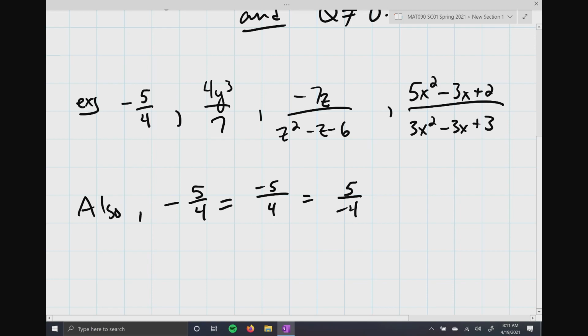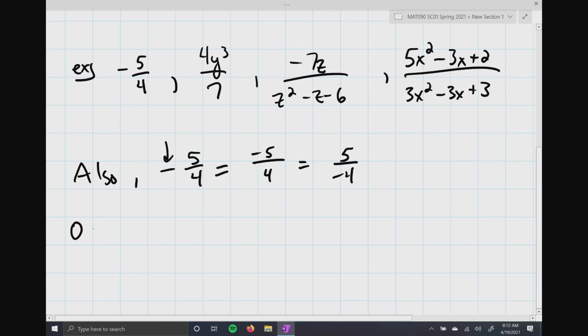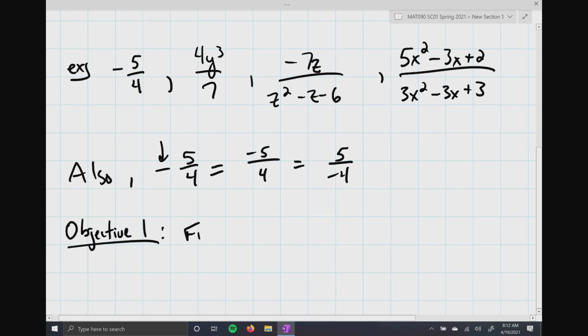Traditionally, we will just put it out front. But it doesn't matter where it goes. It's all the same thing. All right? So, the first objective that we're going to actually look at is something that you already know. Like I said, a lot of this is just going to be a review.